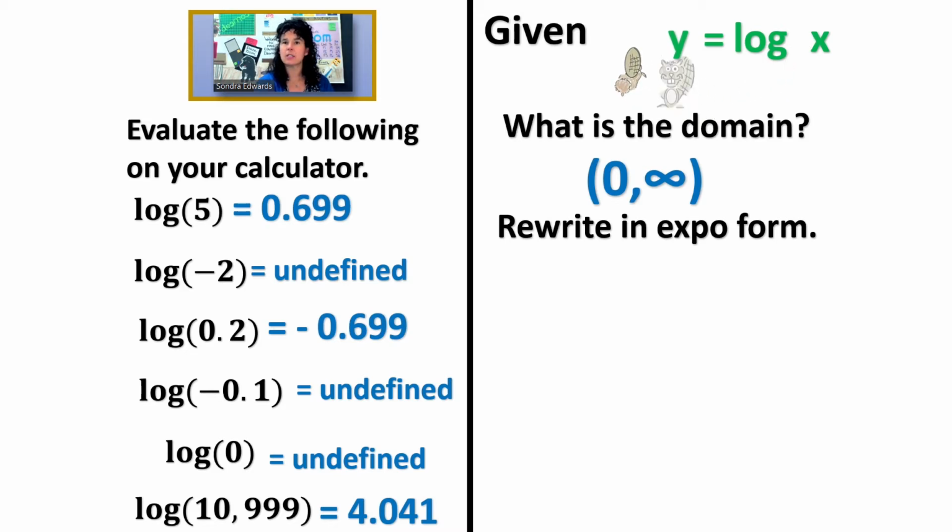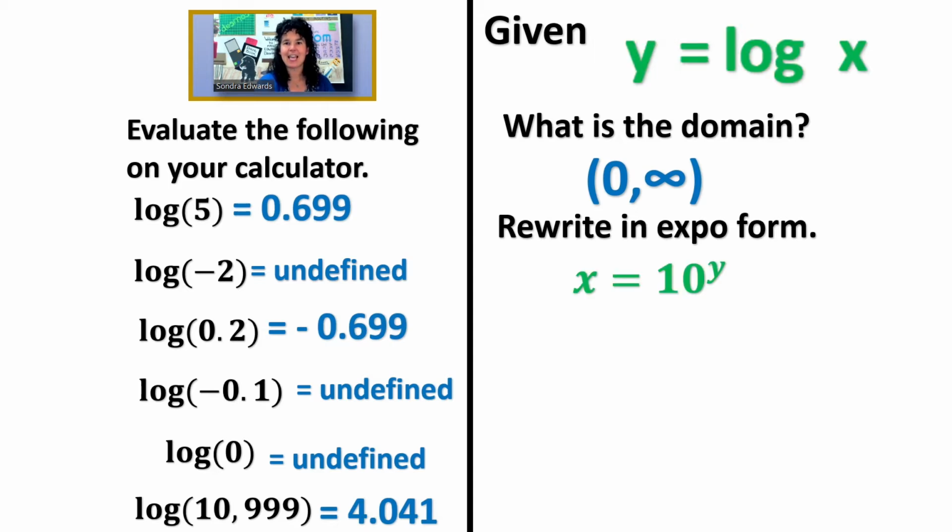That base number tunnels under, comes up under the other side, pushes that up, and the log falls in the hole. Now, that's a quick reminder for those of you that watched my previous lesson. Otherwise, you're like, what in the world are you talking about? Okay, but all of that is to say that that original equation, y equals log of x, is equivalent to x equals 10 to the power of y.